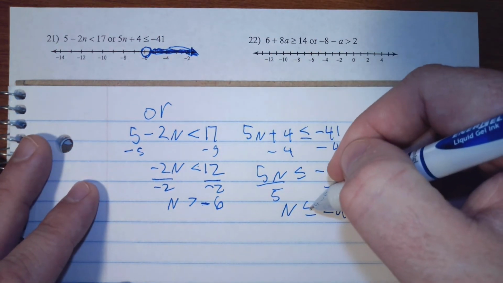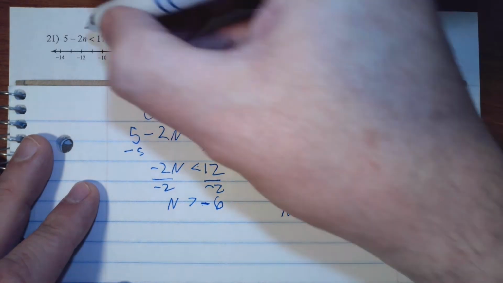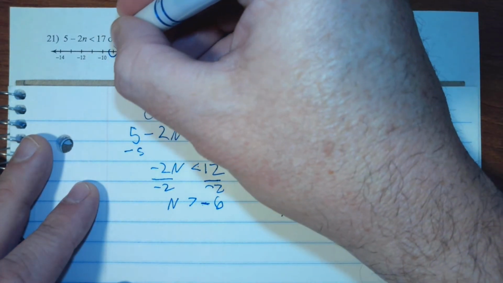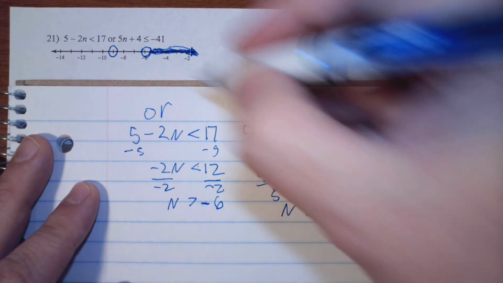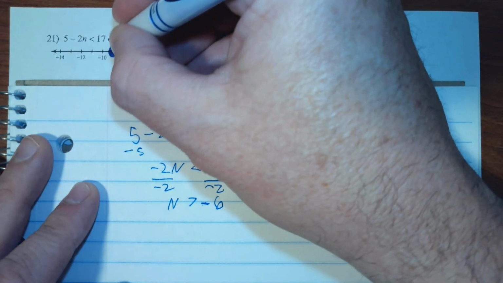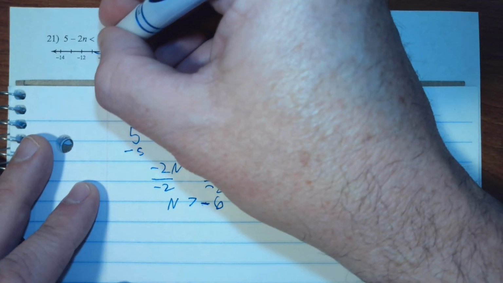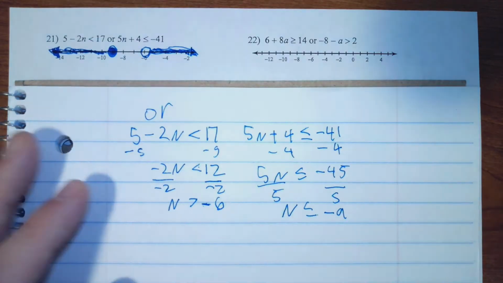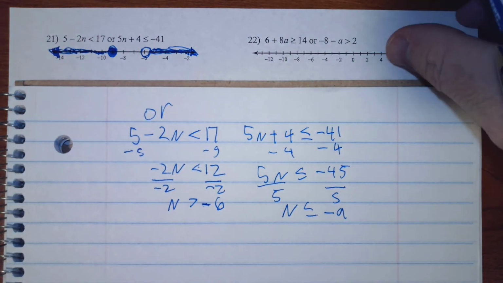And n is less than or equal to negative 9, so that would be here. So we do a circle, and we fill it in because it's included, and we go this way. Okay. All right. There we go on that.